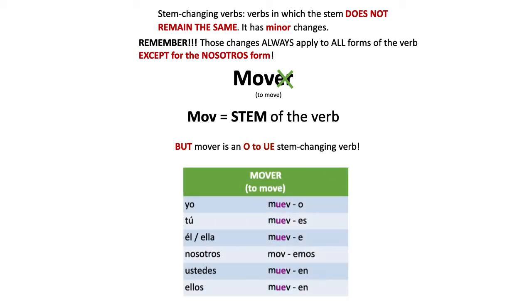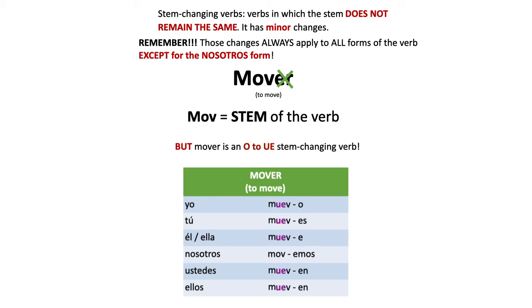This is it. Look at the first form that we find in this table, the yo form. If it were not a stem changing verb, the conjugation would be yo movo, right? Because mov is the stem of the verb and it is an ER verb, right?